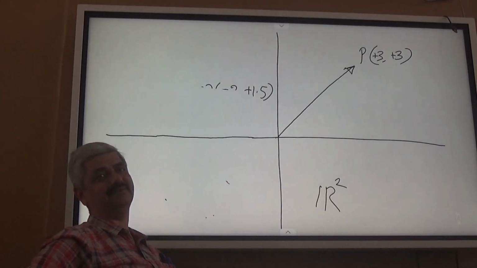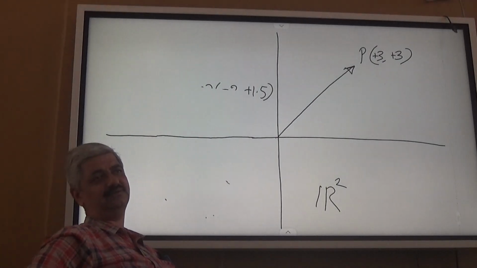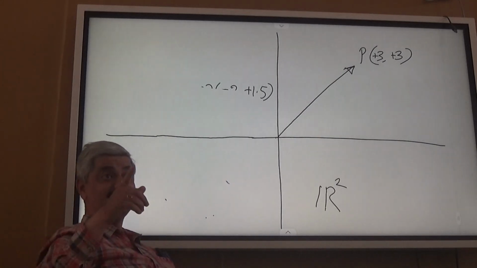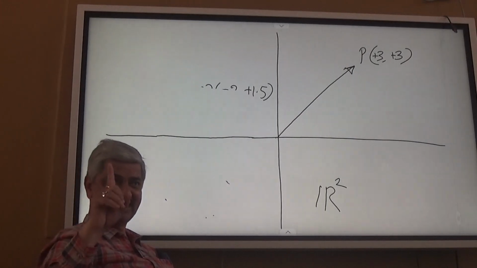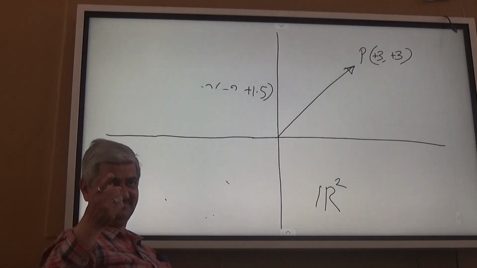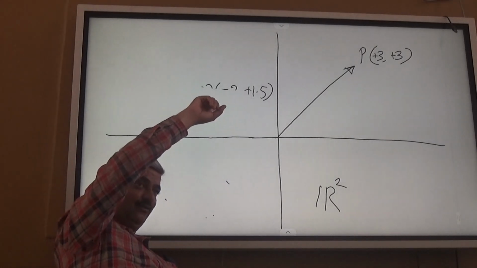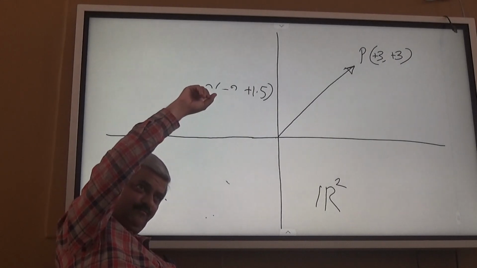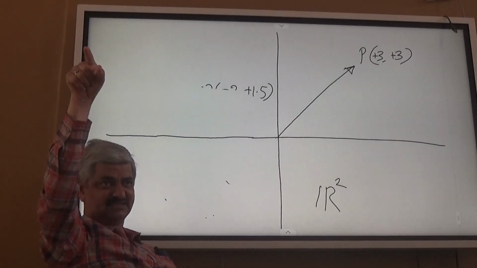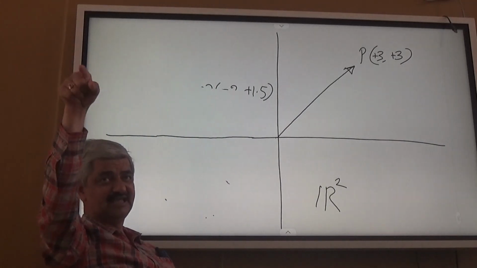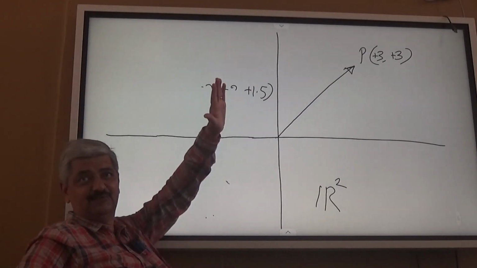One is random mapping. Random mapping can also be unique. For every position in the original plane, there will be a fixed position in the image plane or transformed plane. Listen very carefully, try to understand.